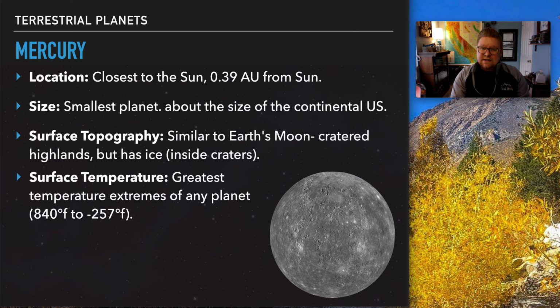There's also ice identified within some of the craters in the darker, deeper spots. So even though it is closest to the sun, there is still ice in existence. Why is that? Well, it's because its surface temperature has the greatest extremes of any planet. It can be 840 degrees Fahrenheit, or it can be negative 257 degrees Fahrenheit. So there's a very dramatic change between the highs and the lows.